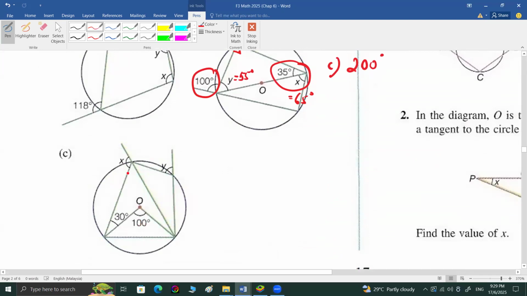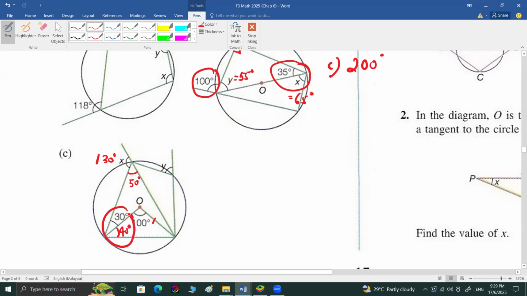Next class, see 100 here. Angle at the center, Parveen, you see, is 2 times angle at the circumference. So means, what is X? Yeah, 130, right? 180 minus 50, a straight line, you get X is 130. Okay, got it? Next, isosceles. Isosceles means this is 40, right? 180 minus 100 divide 2.